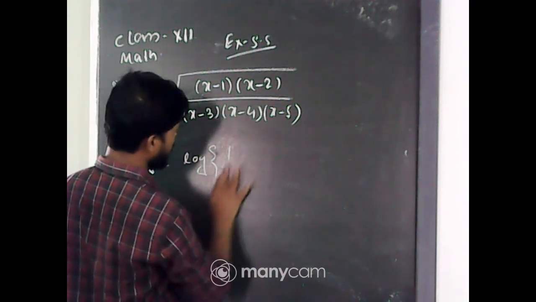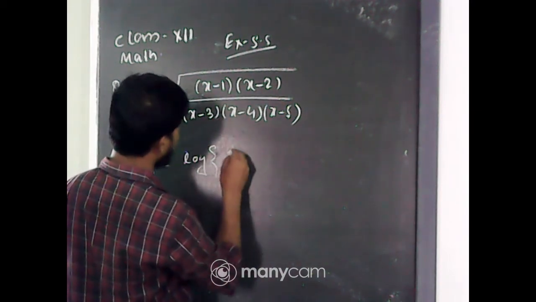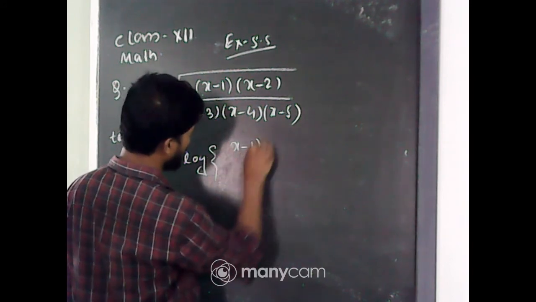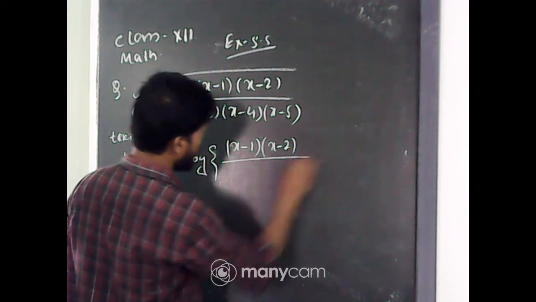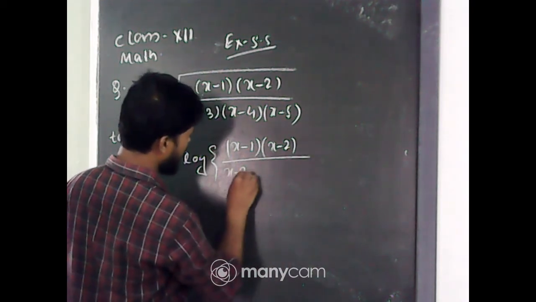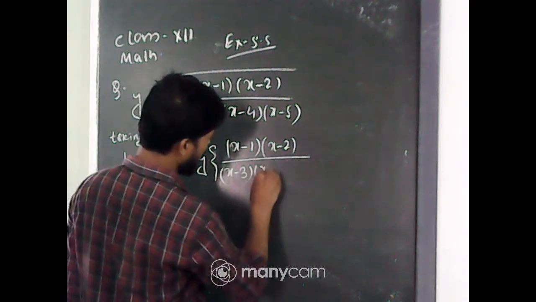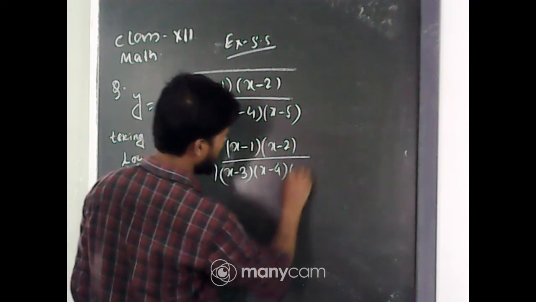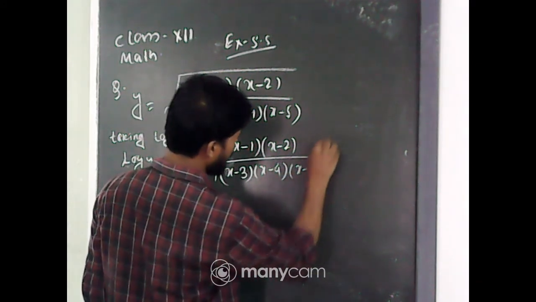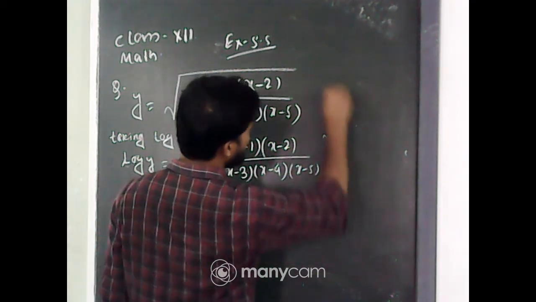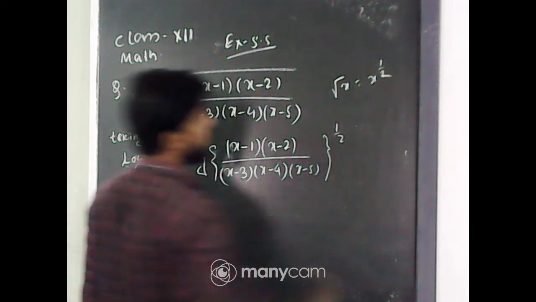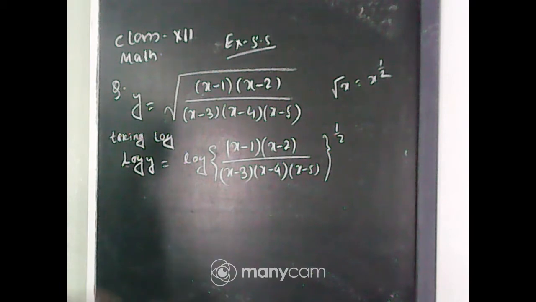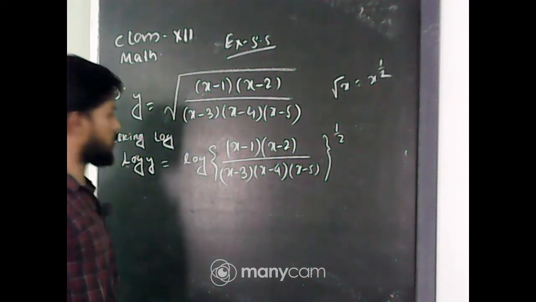Instead of root we can write to the power half, because root of x is actually x to the power half; both represent the same thing.